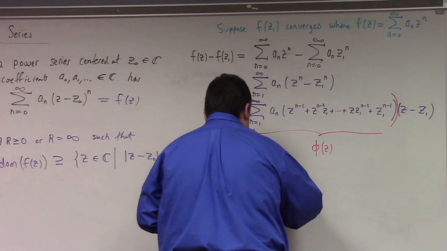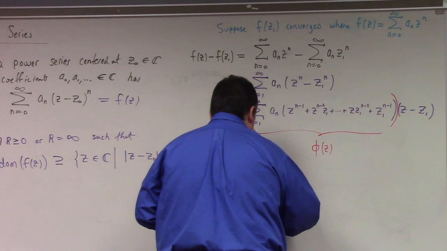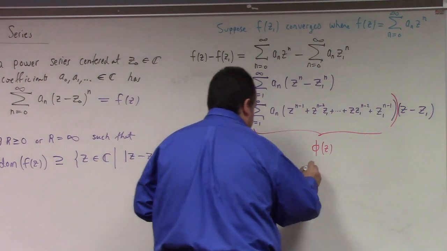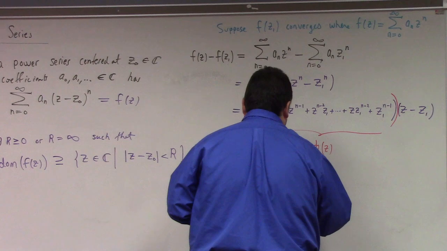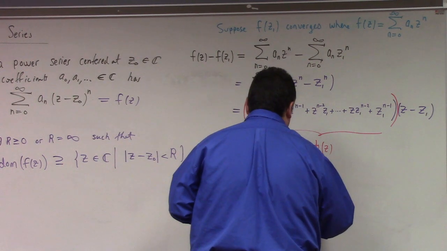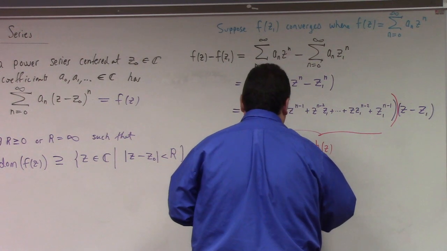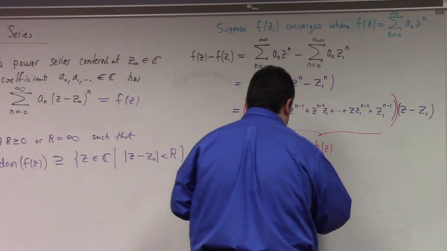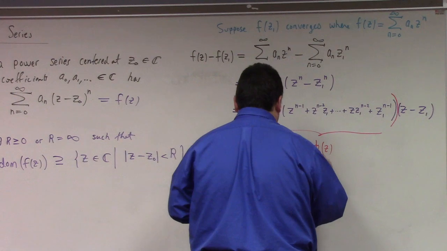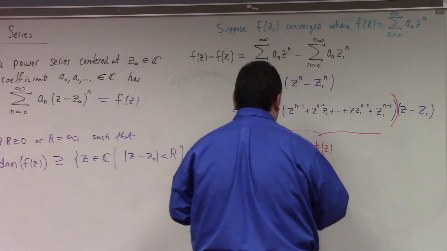So if I introduce k going to infinity, that's actually the sum n equals 1 to k.